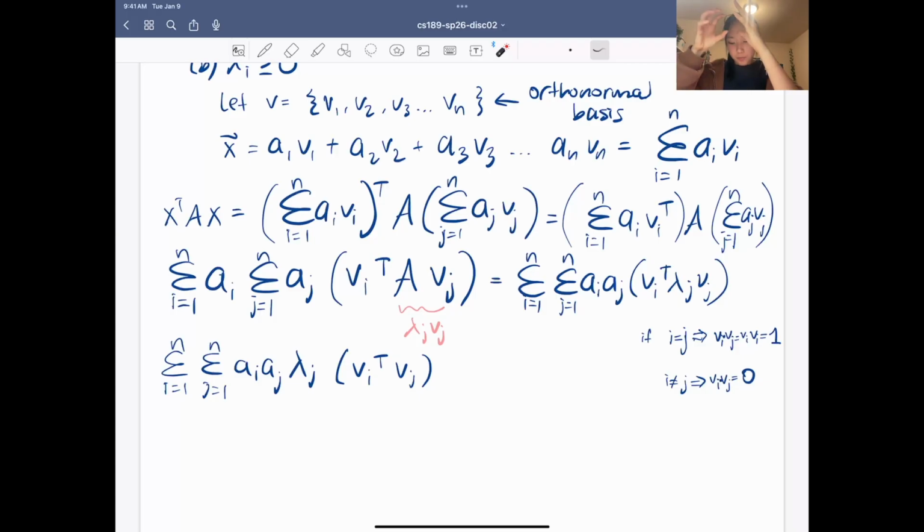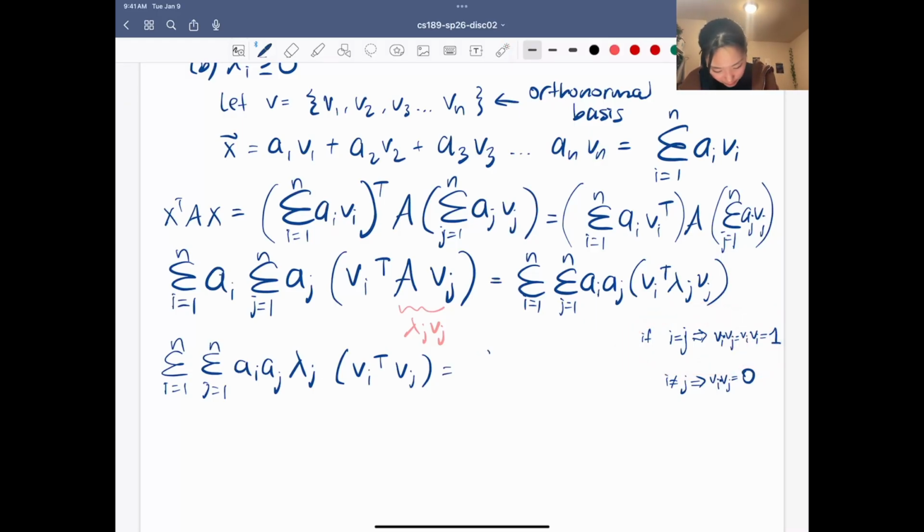So we don't really have to for loop twice. We can just advance i once, and for every iteration do ai times ai, ai times ai, and that covers it all. So one for loop is sufficient, because we only care about the cases where i is equal to j and the dot product is 1 and actually contributes a value.